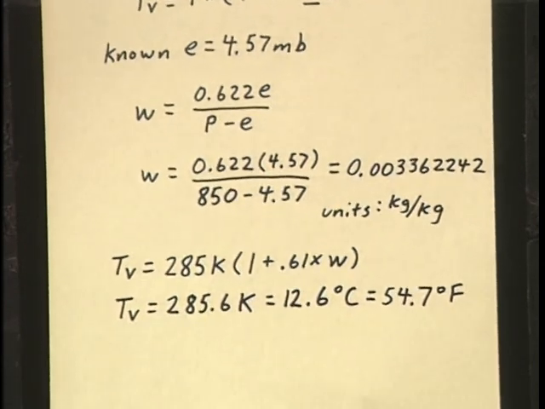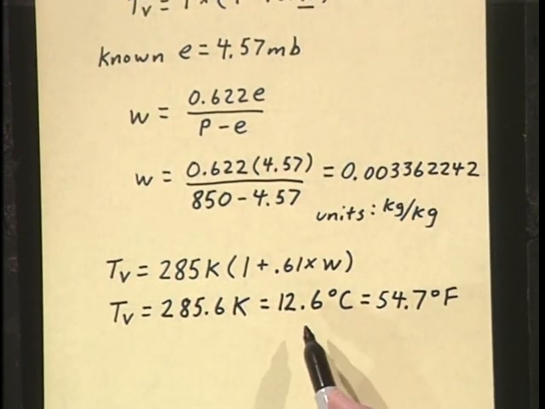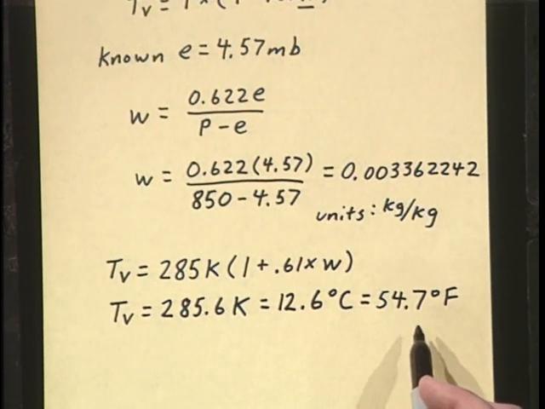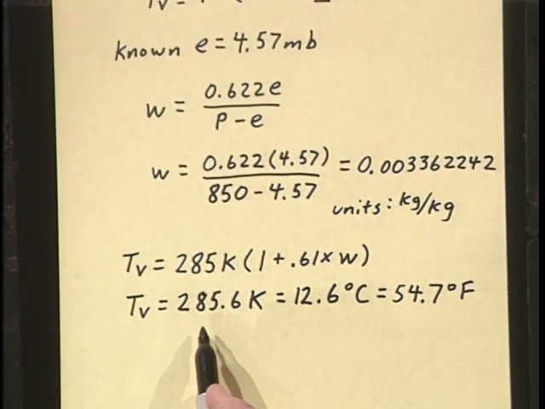And when that's done, you'll end up with the value of 285.6 Kelvin. And converted back into the other temperature scales is 12.6 Celsius and 54.7 Fahrenheit. Usually it's going to be left in units of Kelvin.